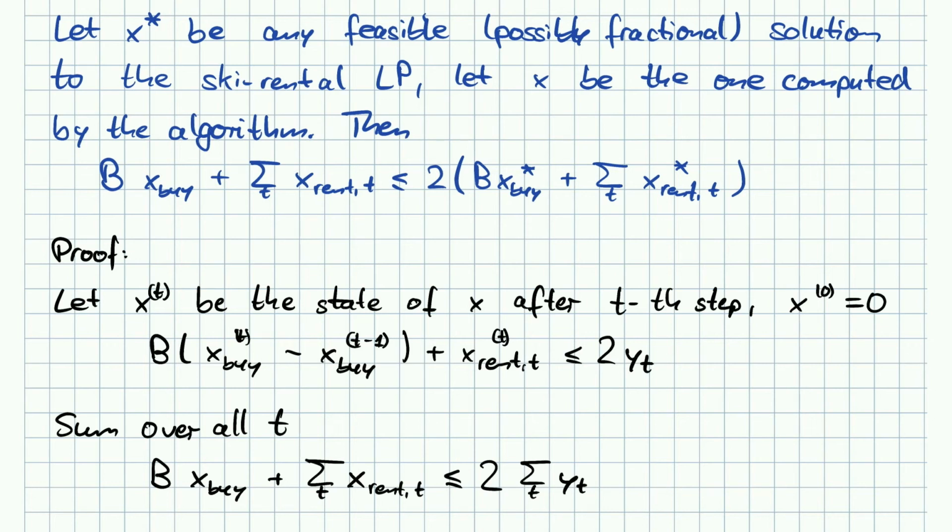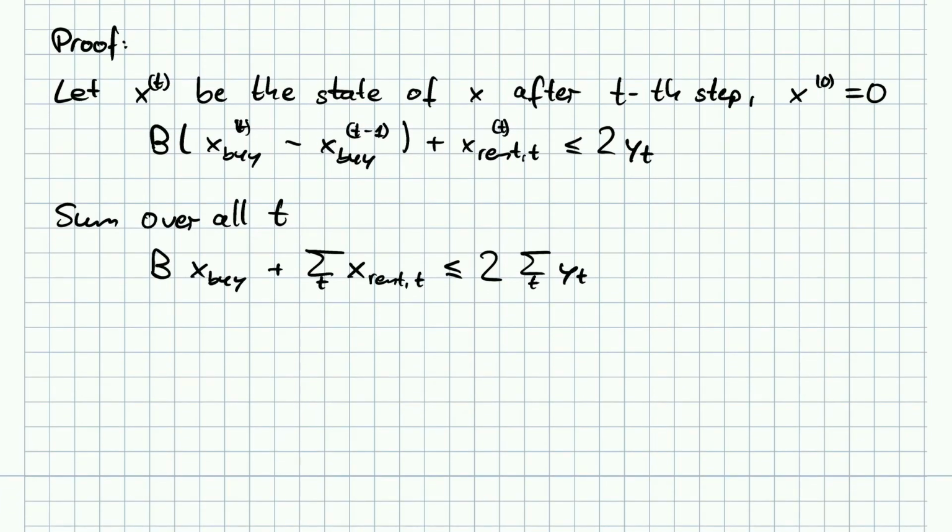Okay, so we've now shown that what we're trying to bound with our theorem is no more than 2 times the sum of the yt. What else do we have? We now know that this y is actually a feasible dual solution.